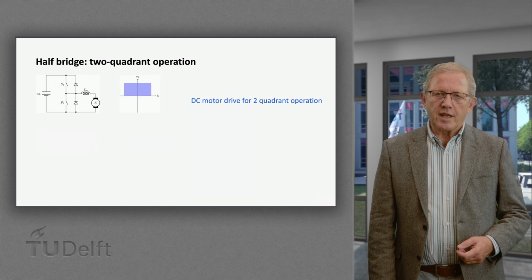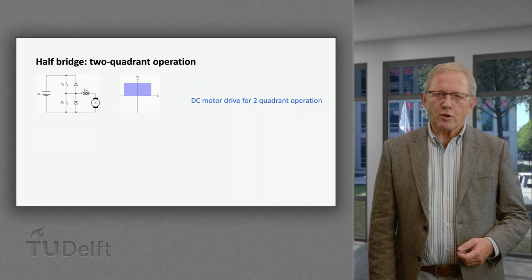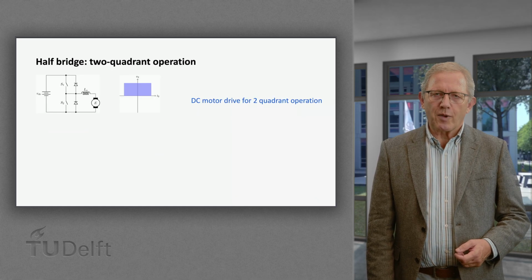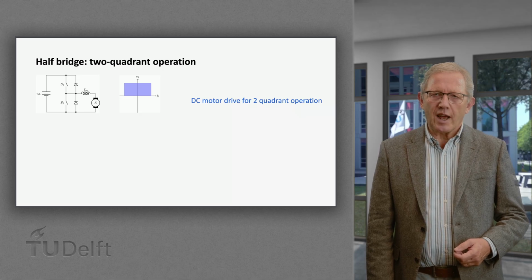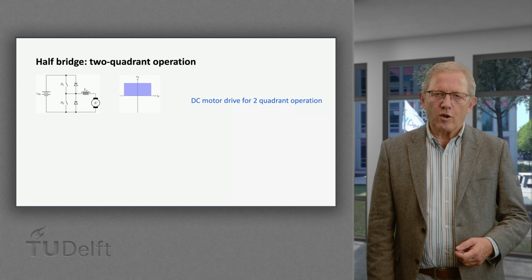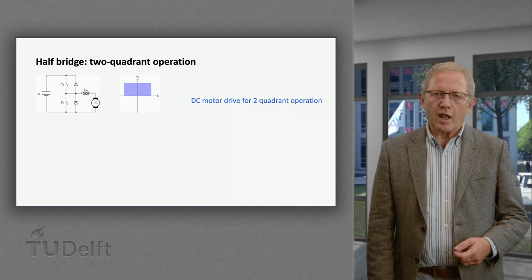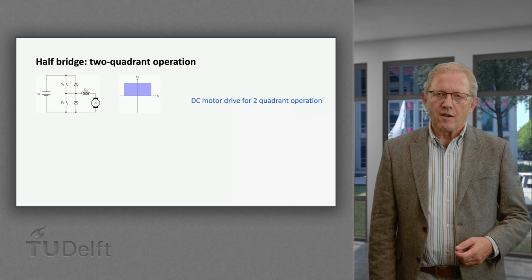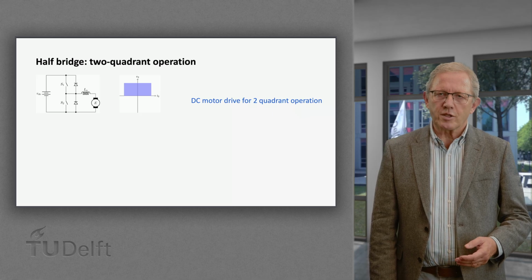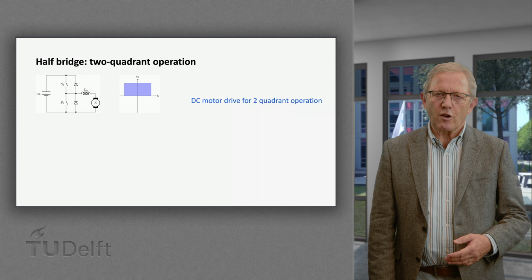By connecting a DC motor between the half-bridge output node and the power supply ground, we realize a two-quadrant motor drive. We call it two-quadrant because although the half-bridge allows reverse current flow from the motor back to the source, its output voltage is always positive.